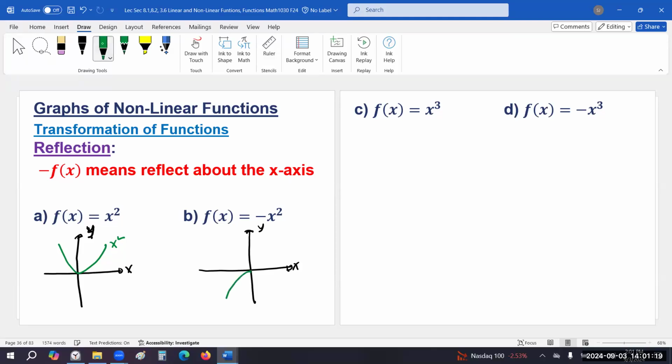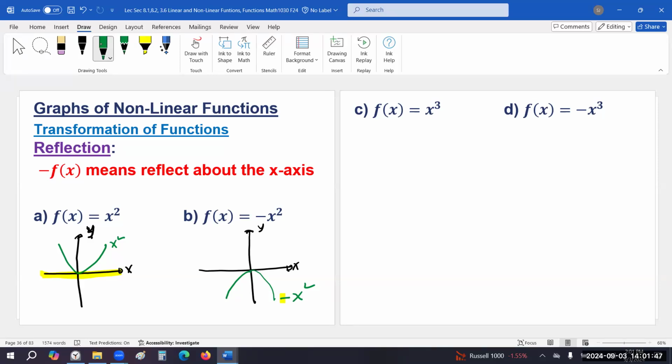Upside down parabola. Because reflection is like a mirror. If you put a mirror on the x-axis and look at the parabola upward, you will see it becomes a downward parabola. So negative x squared is a downward parabola. The original one is parabola upward. Its reflection, negative x squared, is upside down.